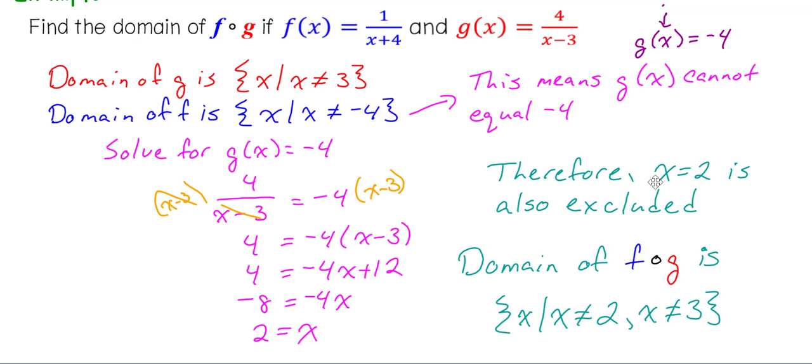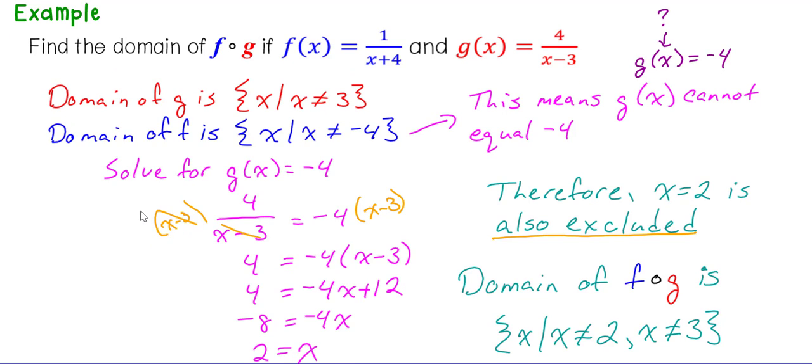So therefore, x equals 2 is also excluded. So the domain of f composed with g is x except x cannot equal 2 and x cannot equal 3. And that would be our domain for this composite function.